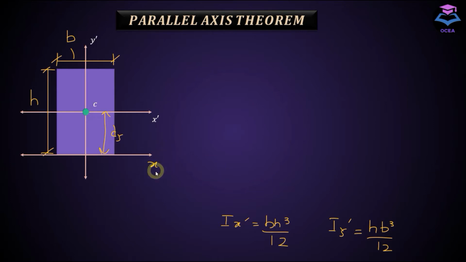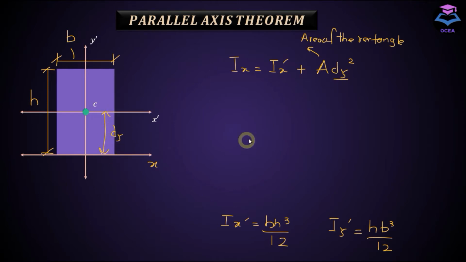Then the moment of inertia about this axis is Ix equals Ix dash, that is this value, plus A dy square. Here A is the area of the cross section, and dy is nothing but the perpendicular distance between the two axes. Take the square of it, multiply it with the area, and sum it up with the moment of inertia about the parallel centroidal axis.